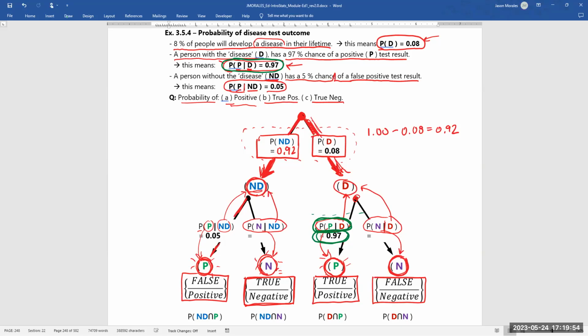And because these two branches together have to add up to 1, then the probability of being negative given that you have the disease is going to be 3%, or 0.03.